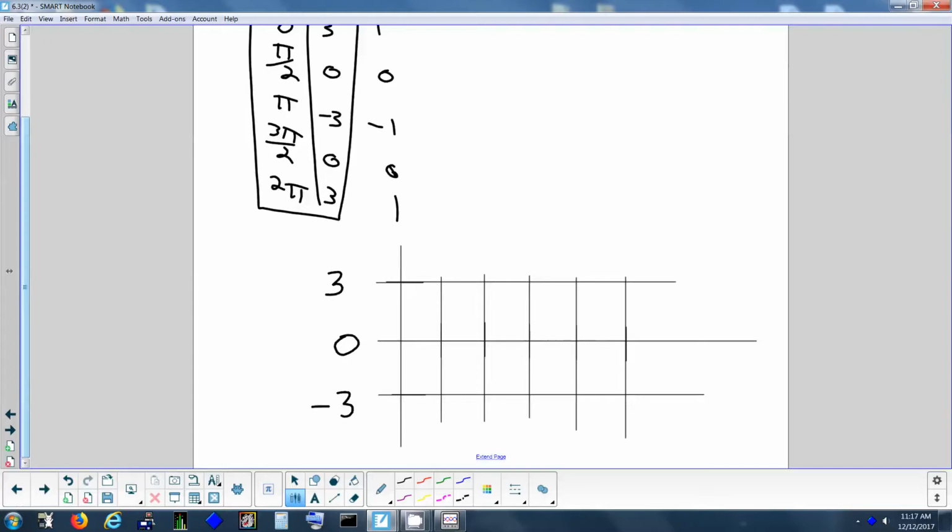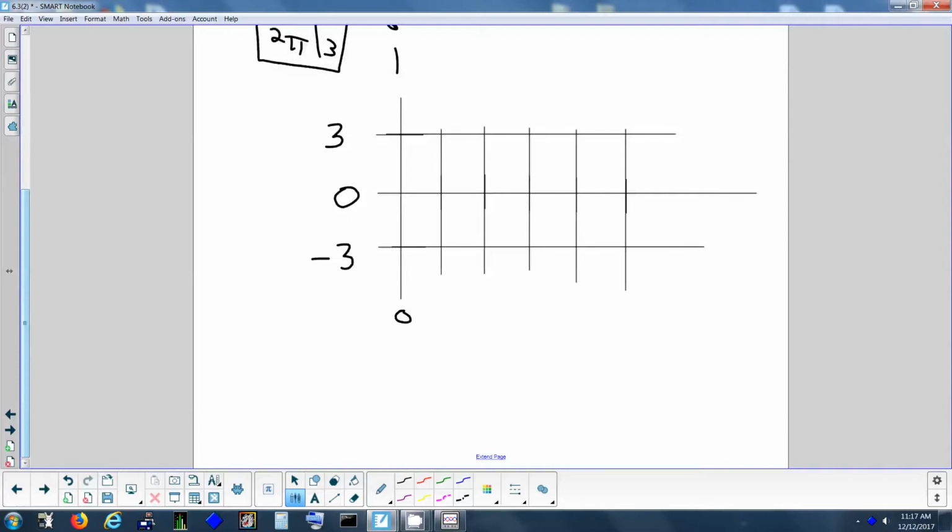And then my values on the x-axis, I've got 0, pi over 2, pi, 3 pi over 2, 2 pi. Yes, you have to label that. If you don't label an axis, I'm going to assume you're going by 1s, because that's what you usually assume.